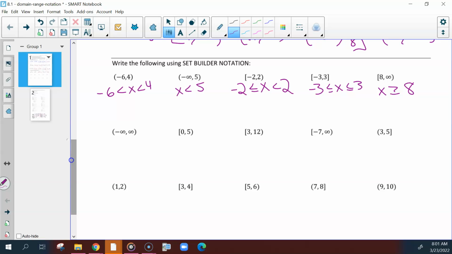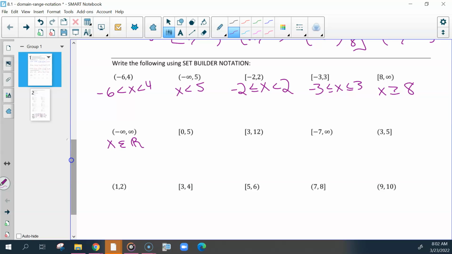We've seen this next one, negative infinity to infinity, before. This would be all real numbers if it keeps going negative and positive. And it would be written like this: x, this weird E, which means x is an element of all of the real numbers.